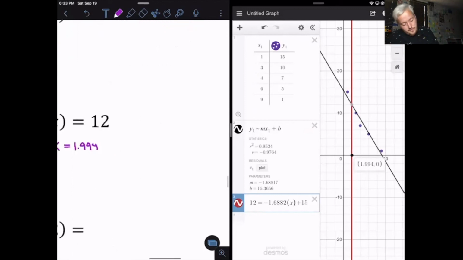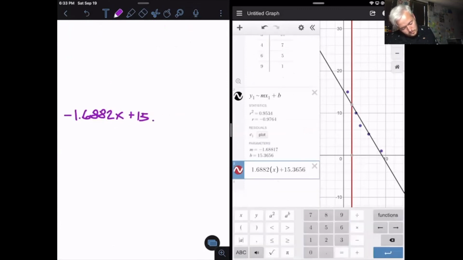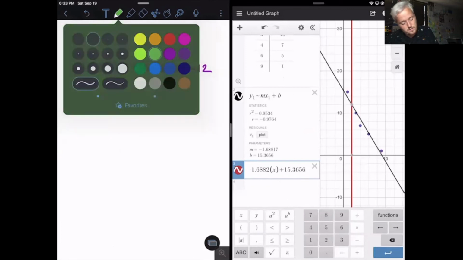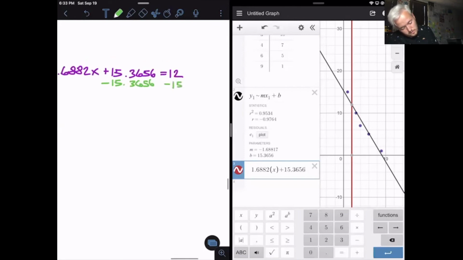What I mean by that is you could set up the equation negative 1.6882, that's not a 2, x plus 15.3656 equals 12. So you can subtract 15.3656 on both sides.